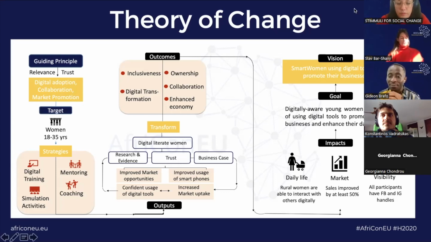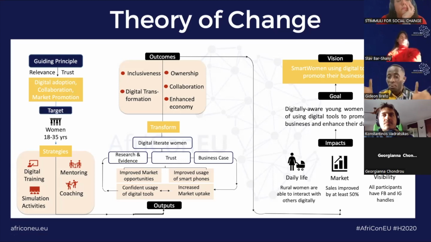So our whole objective was to create digitally aware women that are capable of using digital tools to promote their businesses and also enhance their daily lives. So now looking at the how, like we identified from the problem, most people were not enthused about digital adoption because of mistrust.